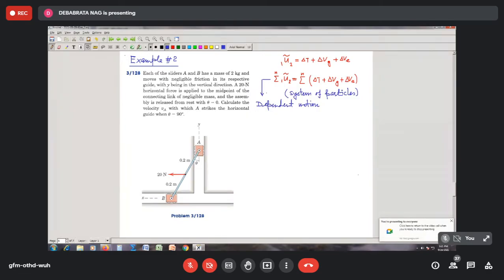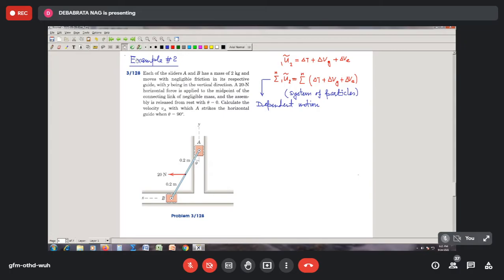So with this introduction, we just need to carry out this sum and this change in the energy terms for all the particles present in the system. If there are n particles, we carry out this sum for n individual particles and write our resulting equation.